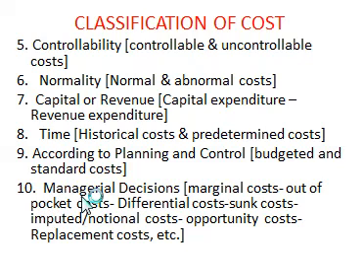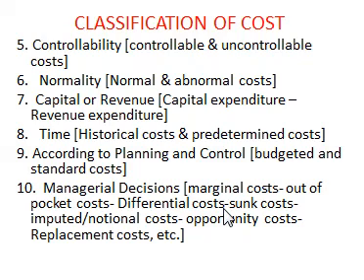Then you have managerial classifications: marginal cost, out of pocket cost, sunk cost, which is also a past cost, opportunity cost, and replacement cost. These are according to managerial decisions. Marginal costs are incremental costs, what we call additional costs in finance.